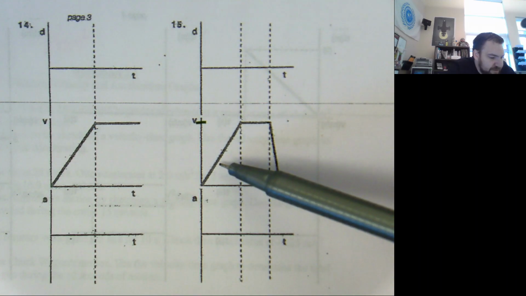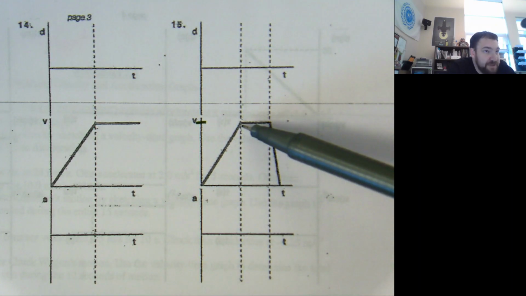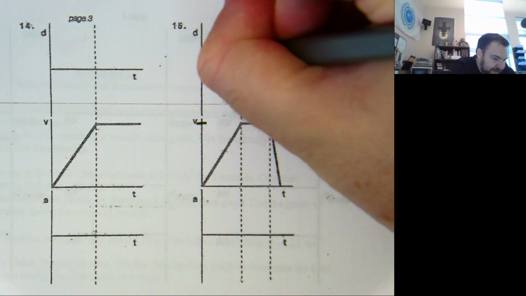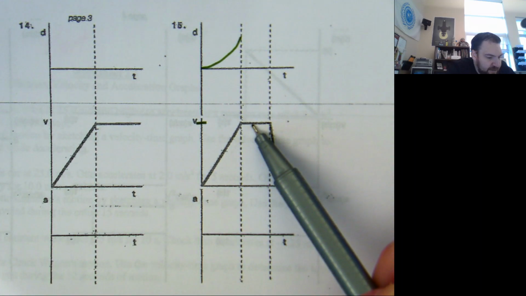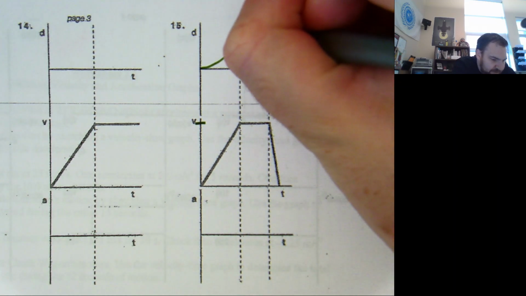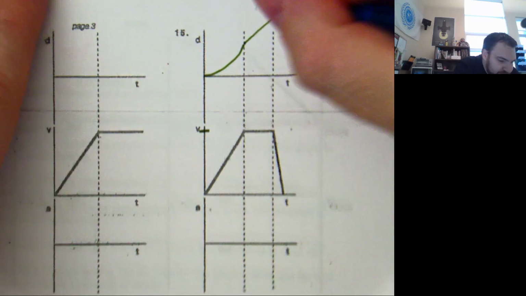If it's sloped, a non-zero slope on a velocity graph, on the displacement-time graph it's going to be curved. So it's going to be curved up like this. You're going to have here, when it hits a constant velocity, a straight line sloped like that. And then I draw a dotted line, I like to make my life a little easier.